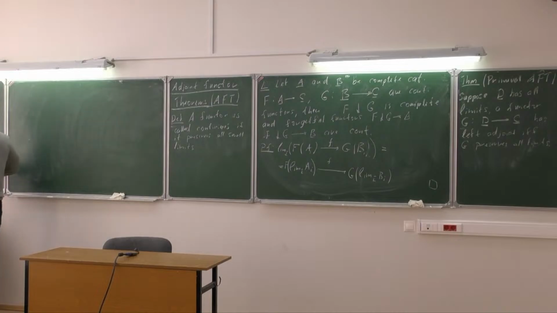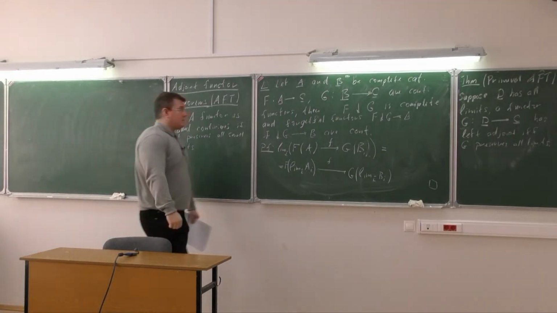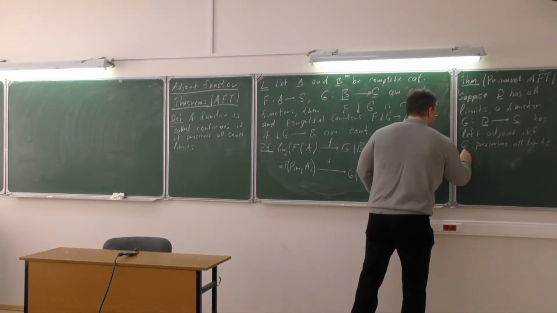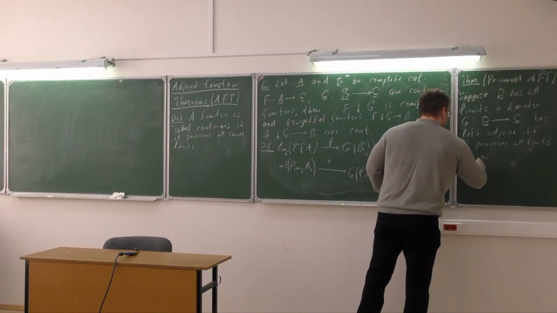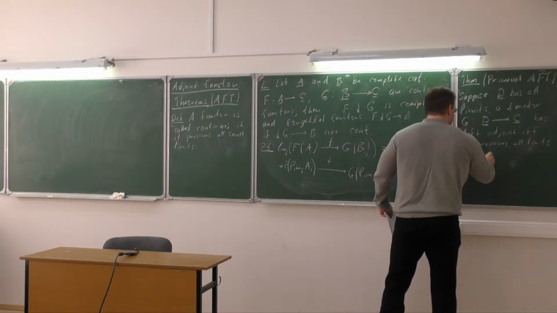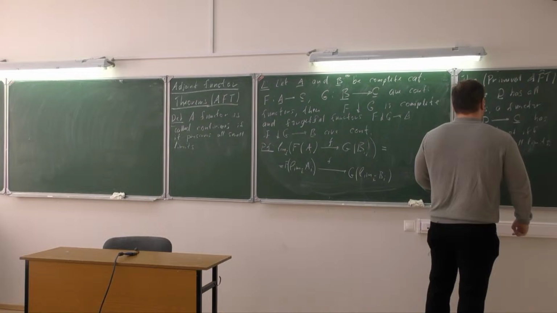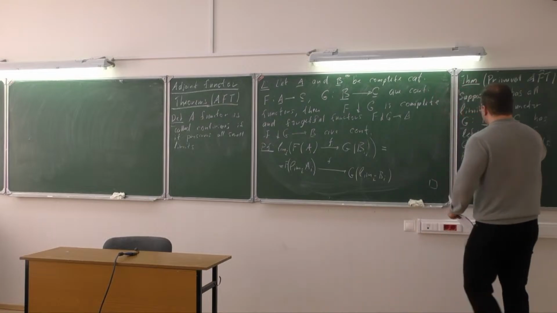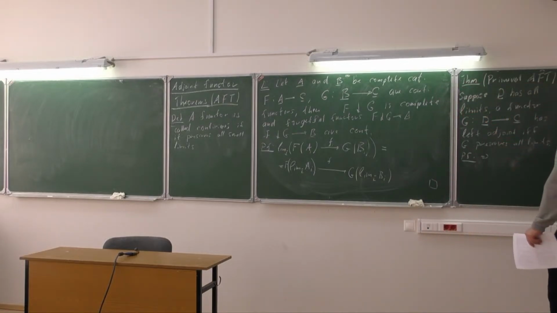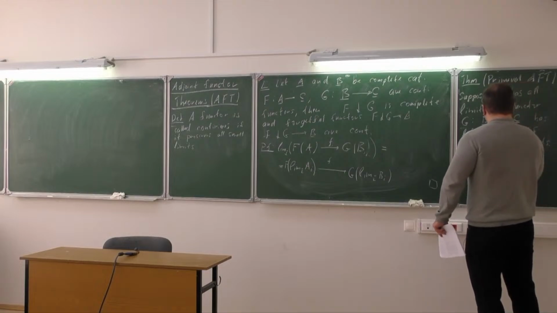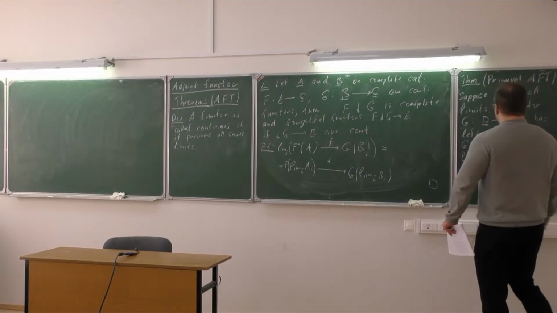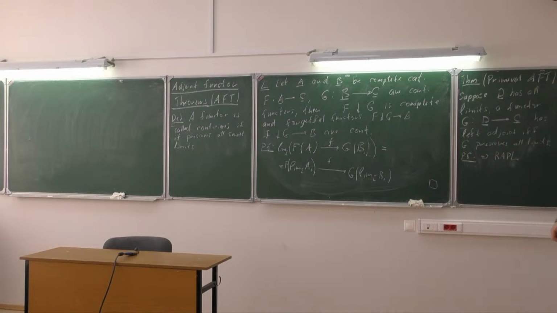Okay, so for the proof in one direction, of course, there is nothing really to show. If you assume that there is the corresponding left adjoint, so this functor G is the right adjoint, and any right adjoint preserves all limits.